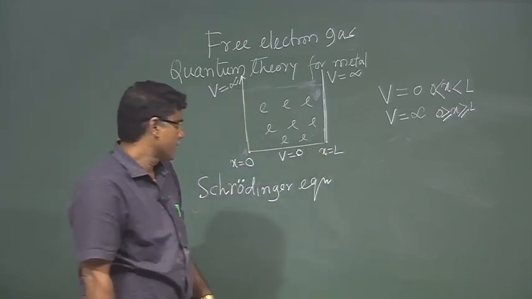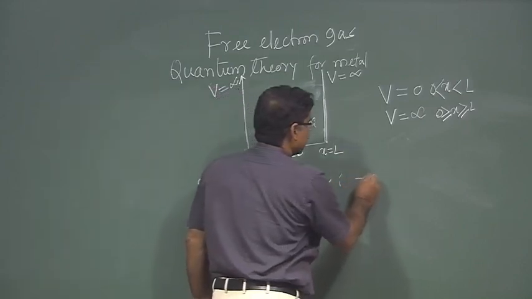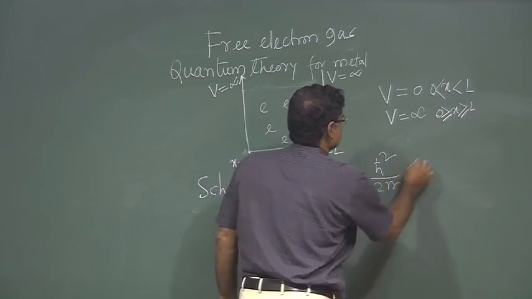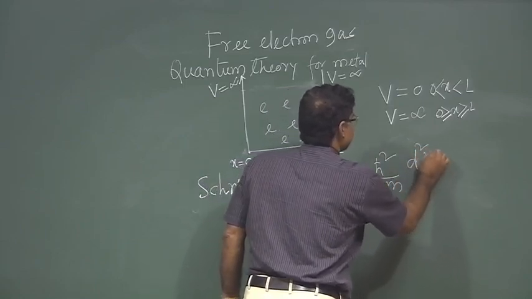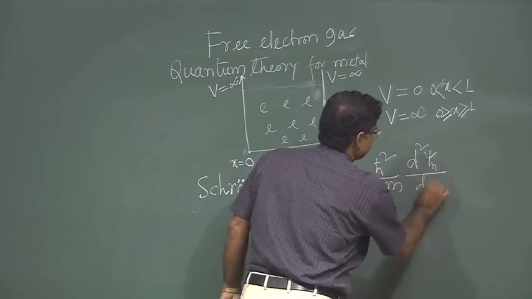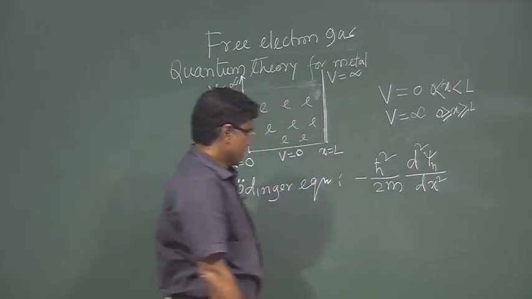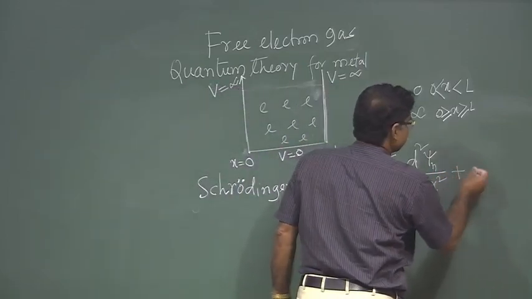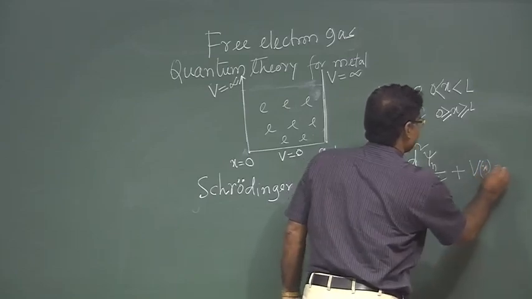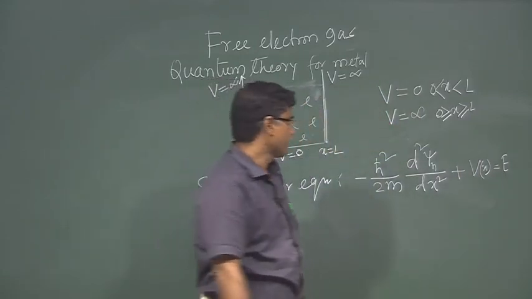What is that Schrodinger equation? That is minus h cross square by 2m d2 psi n by dx square, plus potential energy equal to total energy.